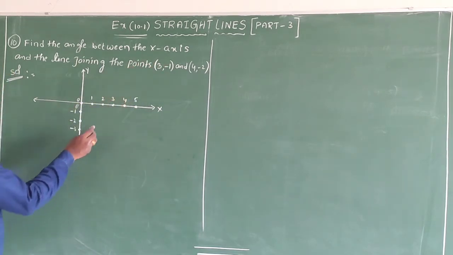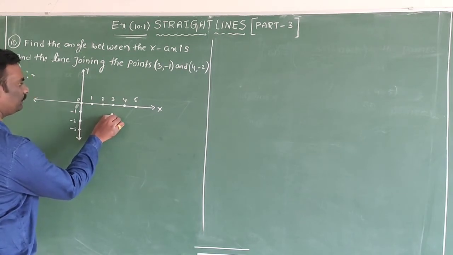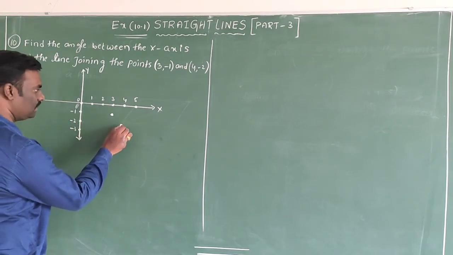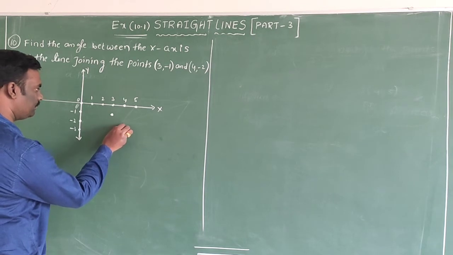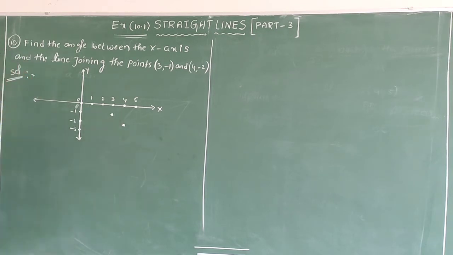First point is 3 comma minus 1. 3 comma minus 1 means it will come here. Next one is 4 comma minus 2. 4 comma minus 2 means it will come here. Now join this.